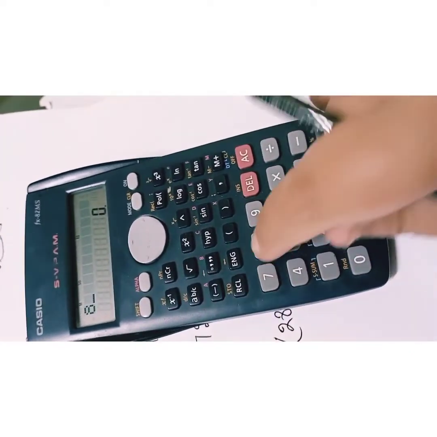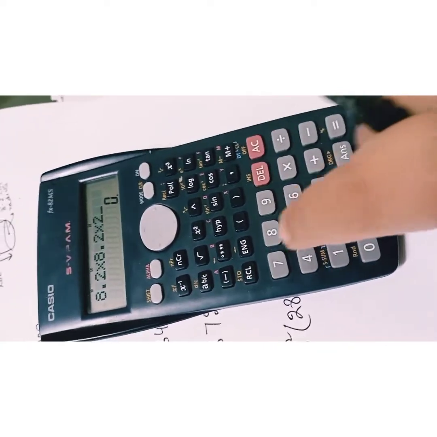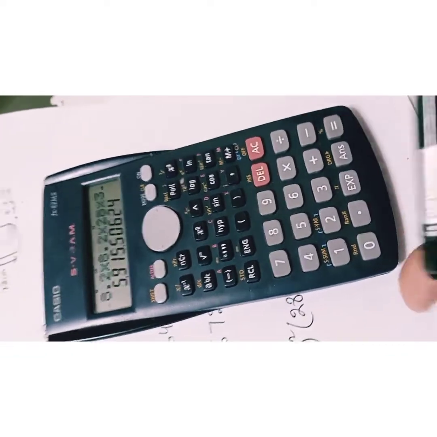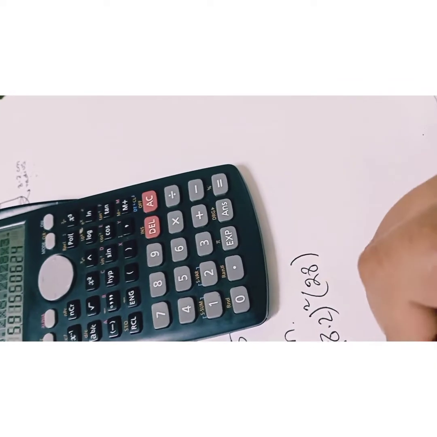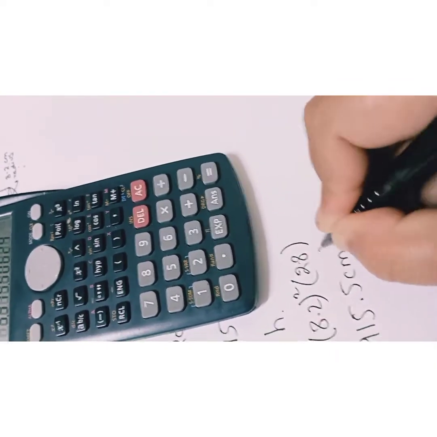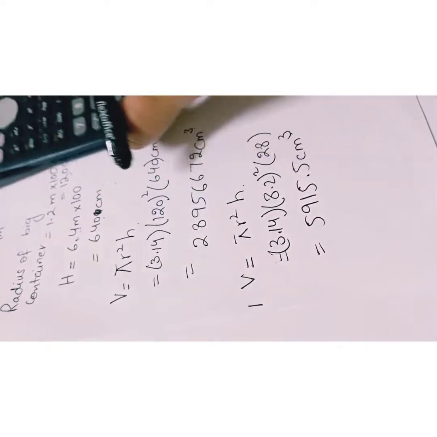Now let's calculate. We will have 8.2 multiplied by 8.2 multiplied by 28 with 3.142, and we get 5915.5 again centimeter cube.